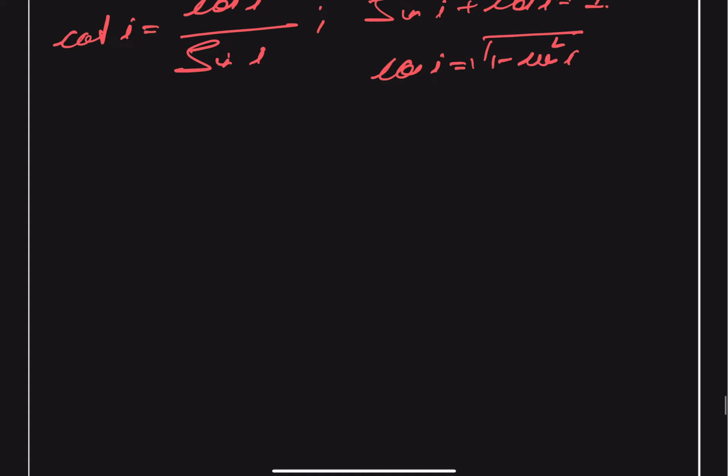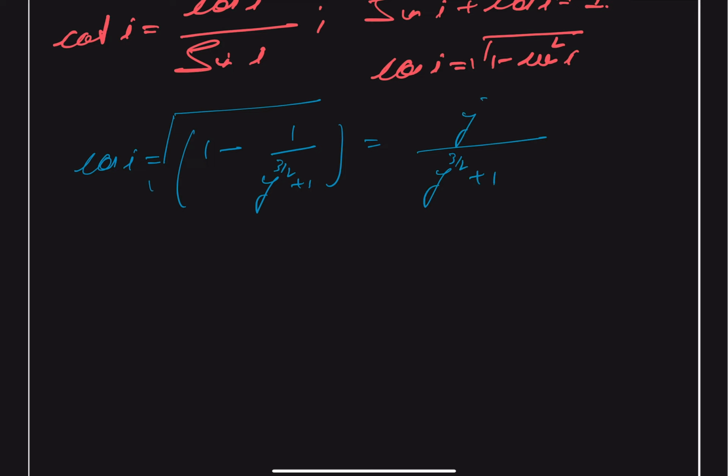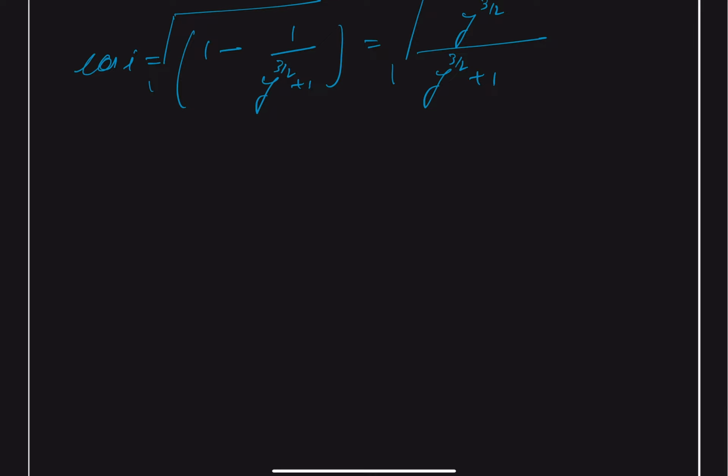We substitute sine of I. So we get cos of I is equal to the square root of 1 minus 1 over (y^(3/2) + 1). So we take the LCM, we get this as the square root of y^(3/2) over (y^(3/2) + 1). Now we easily find out our cot of I, because now we know cos of I, sin I we already know it.